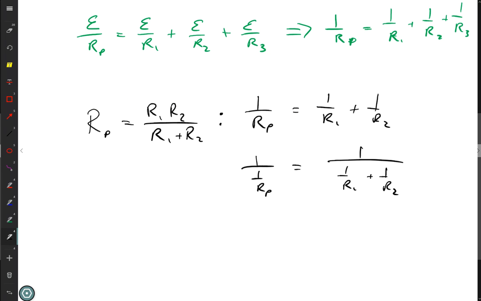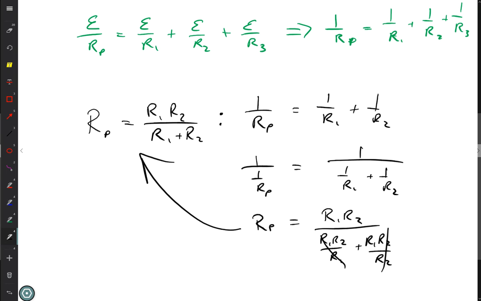Now, to simplify, we multiply both top and bottom of the right side by R1 R2. Multiply top and bottom by the same thing so it doesn't change anything. But then I can have my R1s cancel, my R2s cancel, and this is that equation. So it works perfectly if you have 2 resistors.